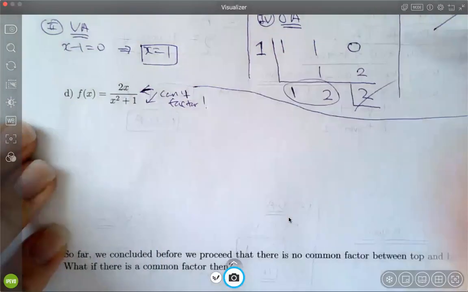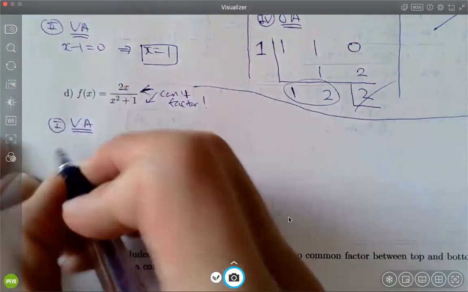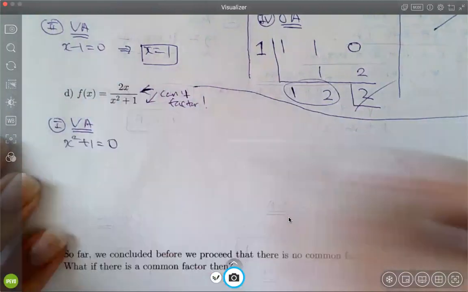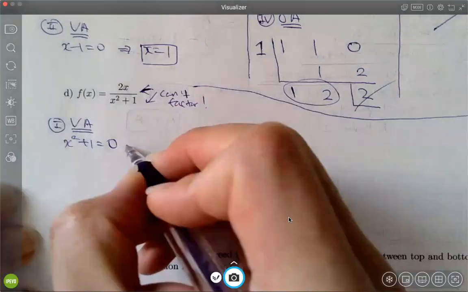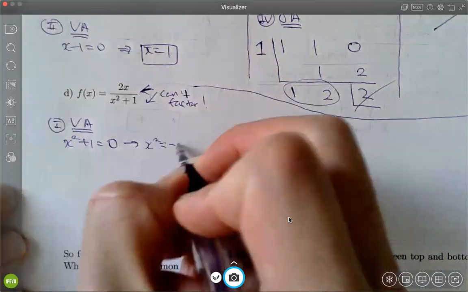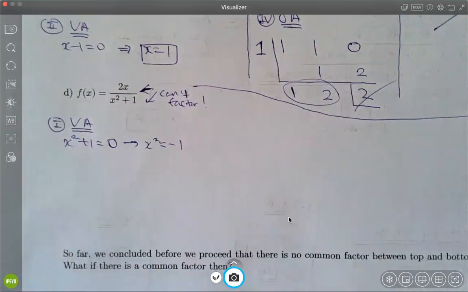So for the vertical asymptote, you set bottom equal to 0, x squared plus 1 equals 0. And now we have seen similar equations like this before. What do you do next? Minus 1. And then to isolate x, what do you do?